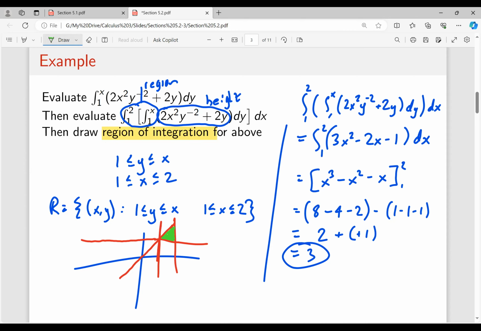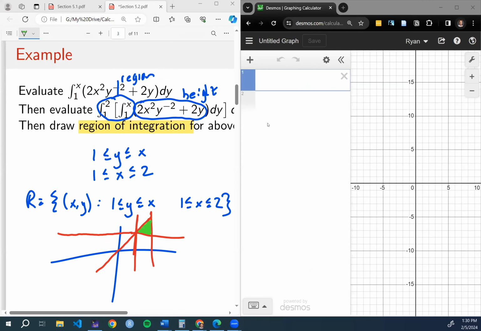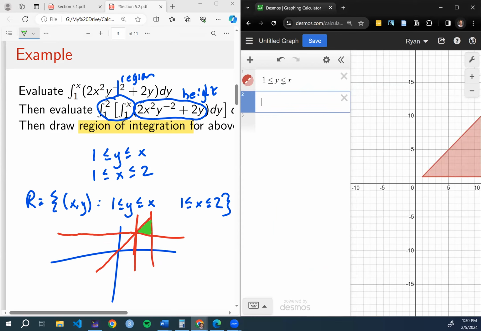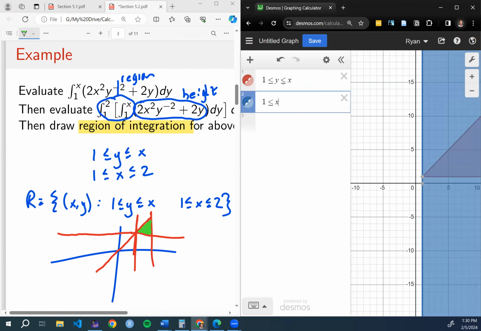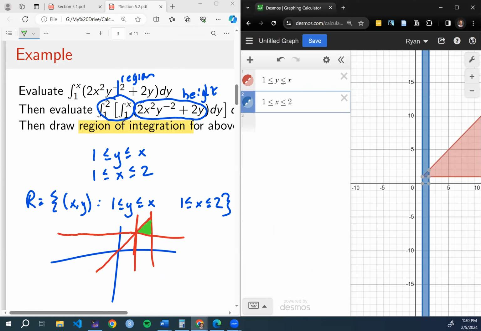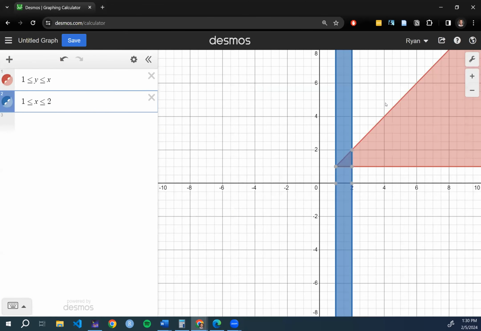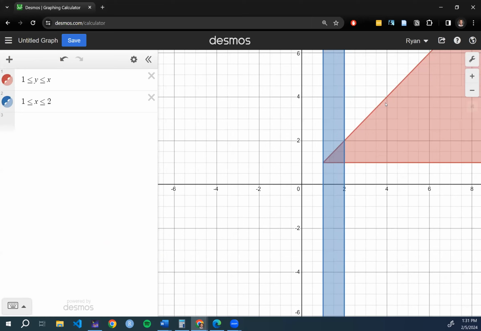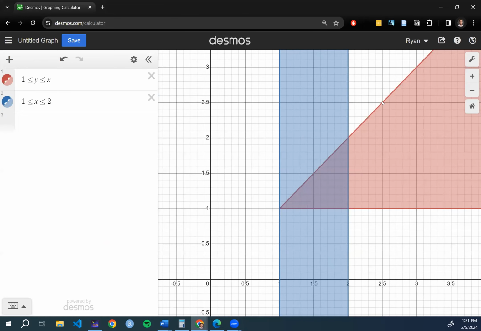And this is also something you can do on Desmos, if that helps you. So let me pause real quick and show you how to do that. So here, if I make 1 less than or equal to y less than or equal to x, and I make 1 less than or equal to x less than or equal to 2, then if I now zoom in here, where they both overlap is where my region of integration is.